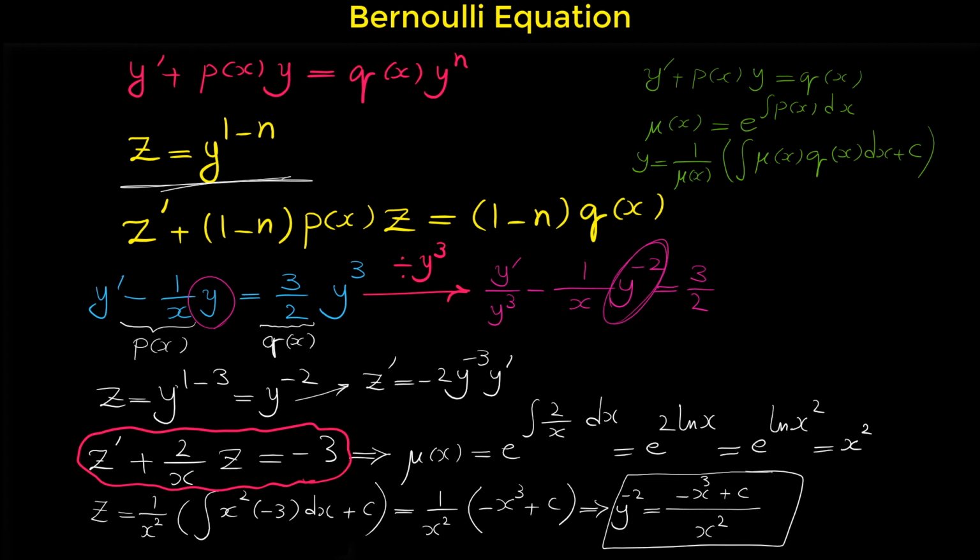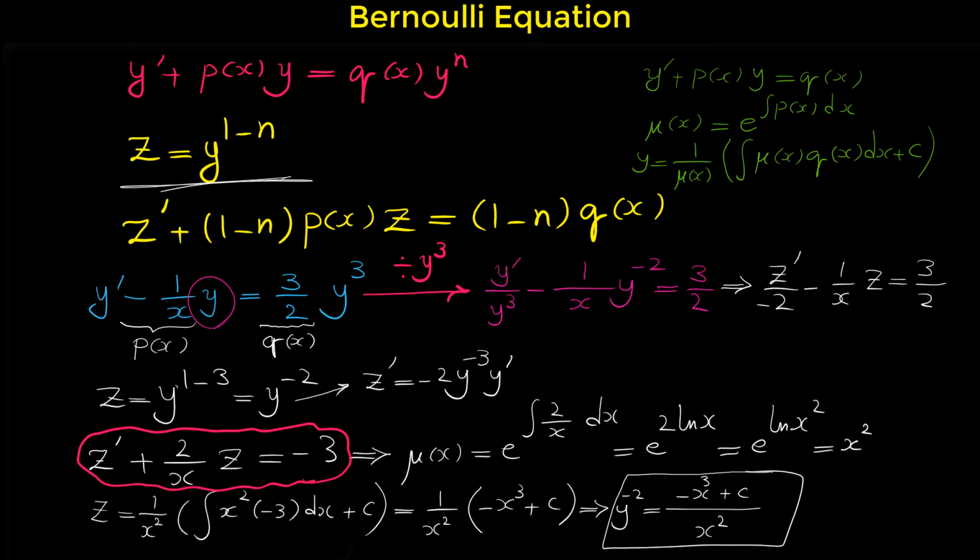So now it is clear how we can get rid of this. We replace this with z prime over negative 2, and we replace this with z, because y to the negative 2 is z. So we have minus 1 over x z equals 3 over 2.